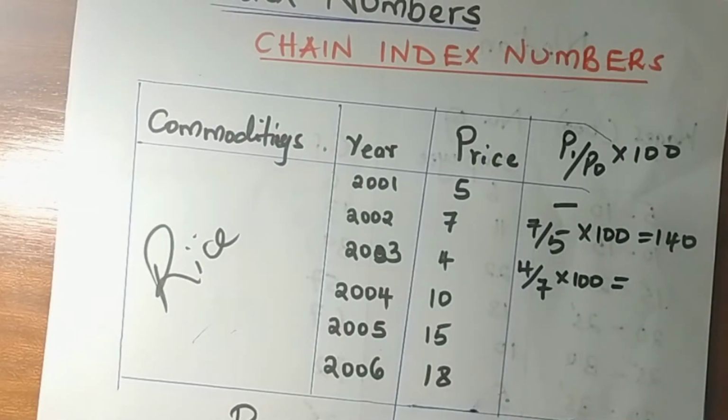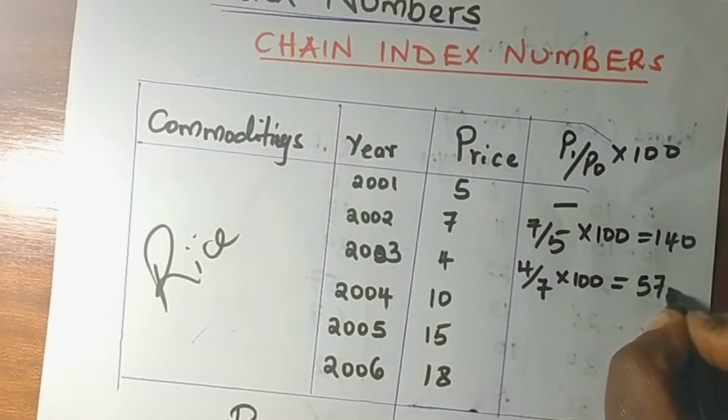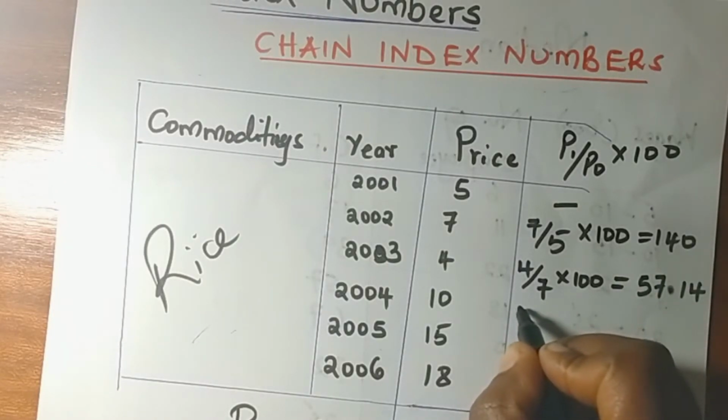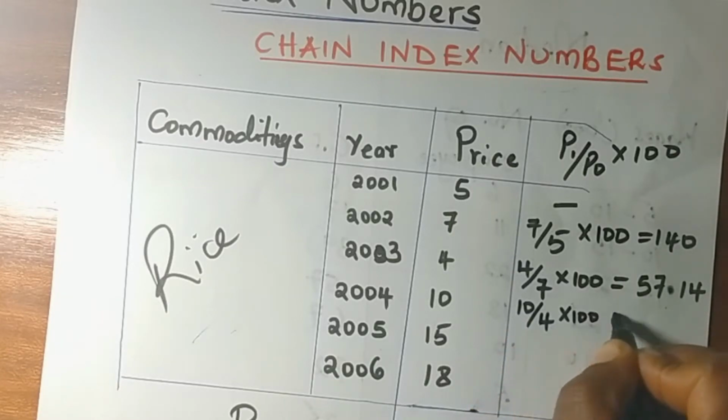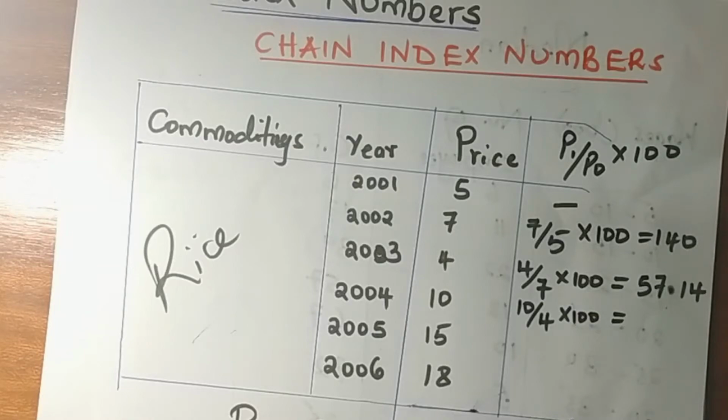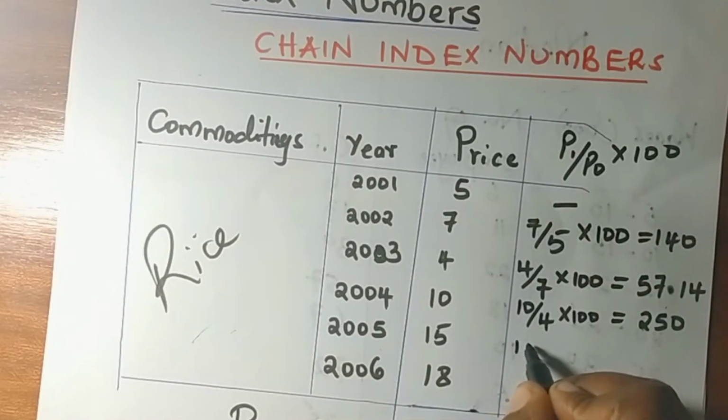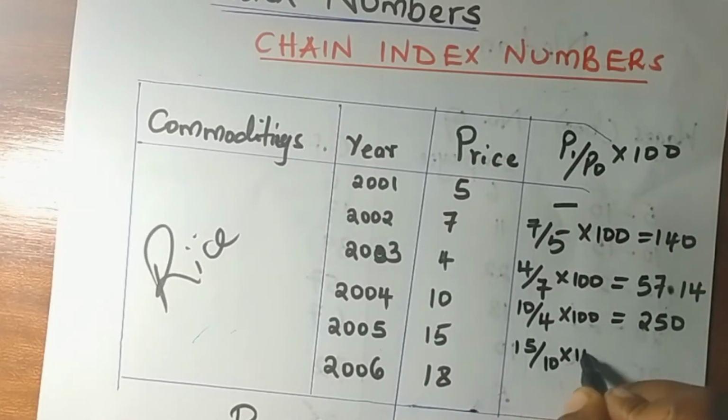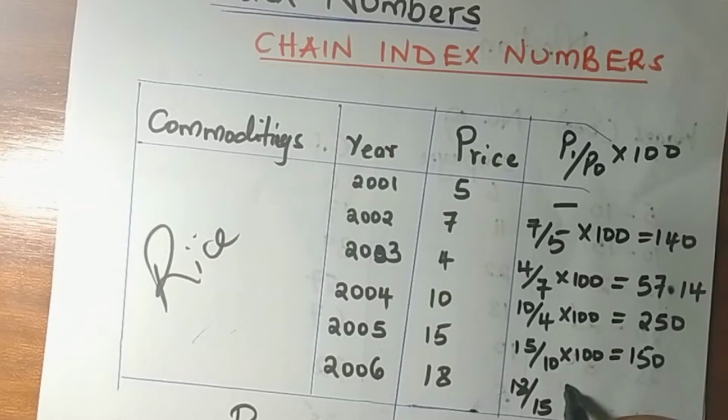So 4 divided by 7, and so on, this is 120.